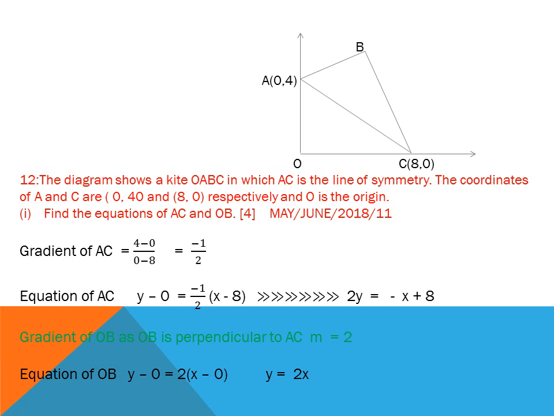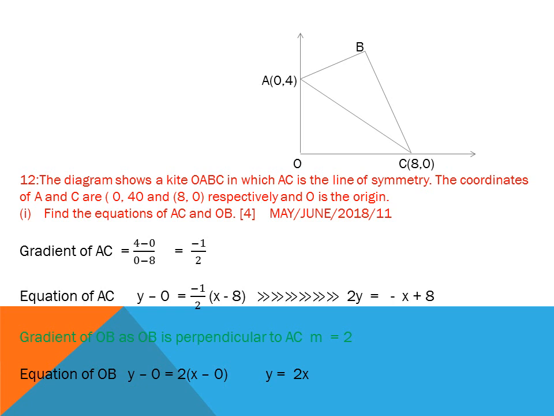First of all, I find the gradient of AC, (y2 minus y1) over (x2 minus x1). It will become -1/2. The equation of AC is y minus y1 equals m into x minus x1. I find that the equation of AC is 2y equals -x plus 8.